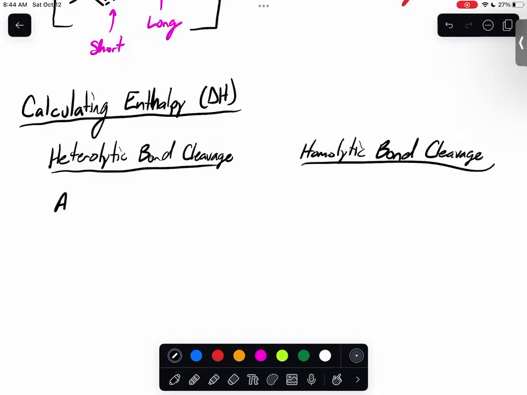We have a bond between two atoms, A and B, where one of them takes all of the electrons, and we end up with A having a positive charge and B having a negative charge. With heterolytic bond cleavages, we normally measure these by the stability of the products versus the reactants.